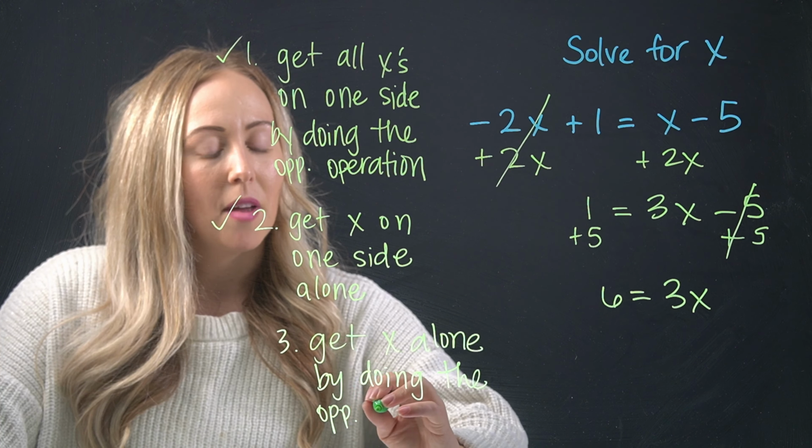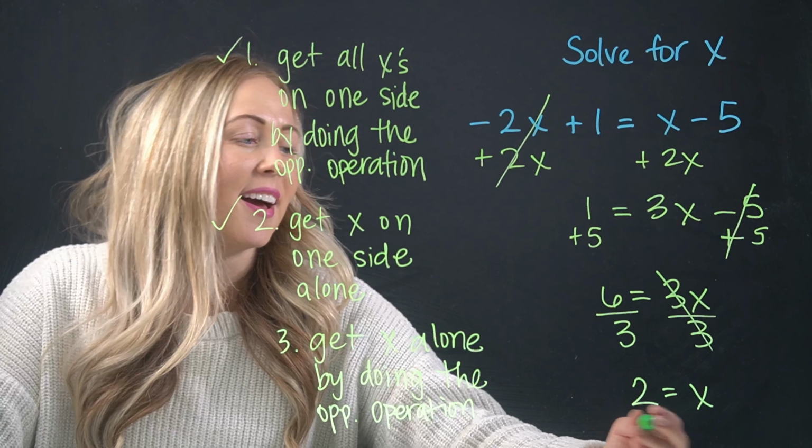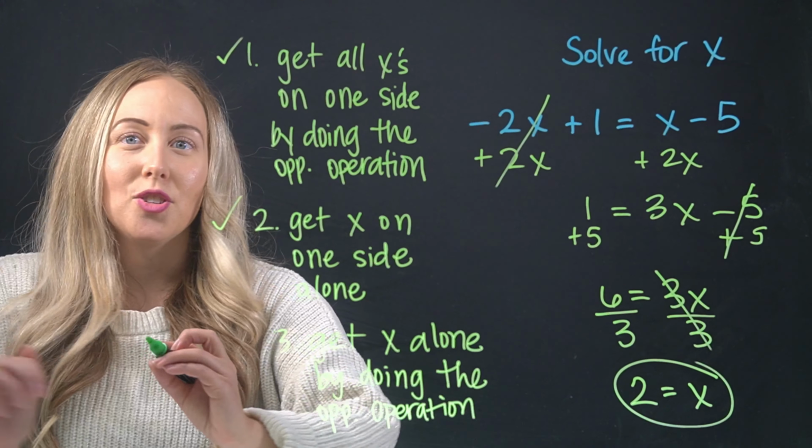It's being multiplied by 3, right? So what's the opposite of multiplying by 3? Dividing by 3, right? So we're just going to divide by 3 on both sides. So we end up with 6 divided by 3, which is 2, is equal to x, because 3 divided by 3 is 1. So we get x equals 2.